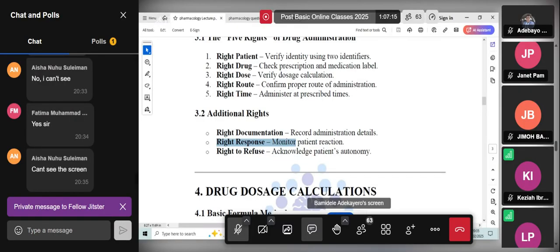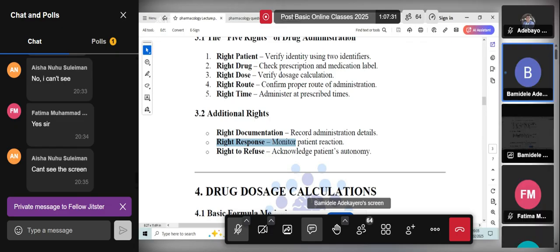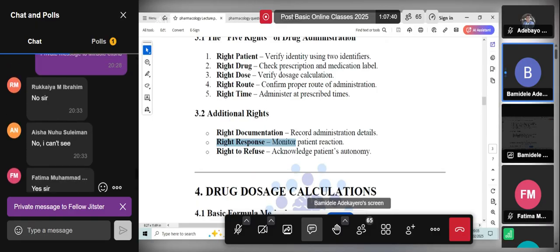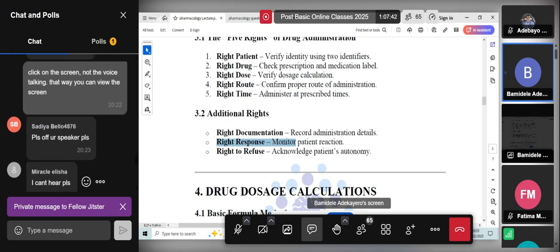If it is an infection, a common one that we have, eye discharge, and the doctor prescribed chlorpheniramine eye drops, we need to make sure that medication is actually working. The eye discharge is actually clearing up. The wound, the infection is actually healing. When you're not getting the right response, you can let the doctor know. You can escalate the patient's care, and those are the things that will make you good nurses.